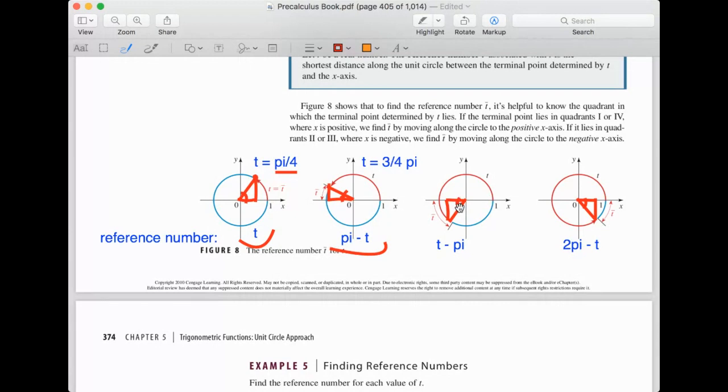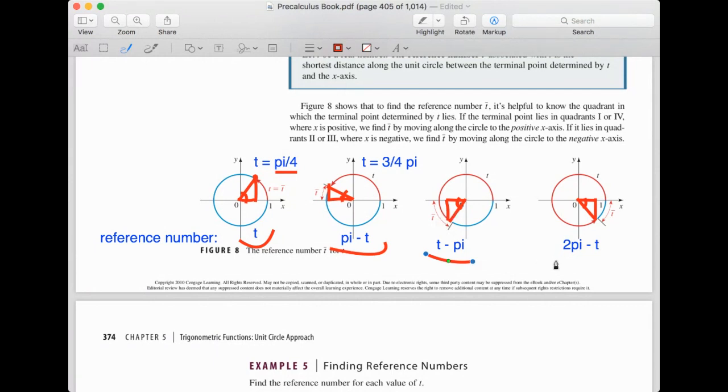So how do I get this angle? We use this angle and subtract pi, so we get this angle. Right? So that's when the point falls in the third quadrant.